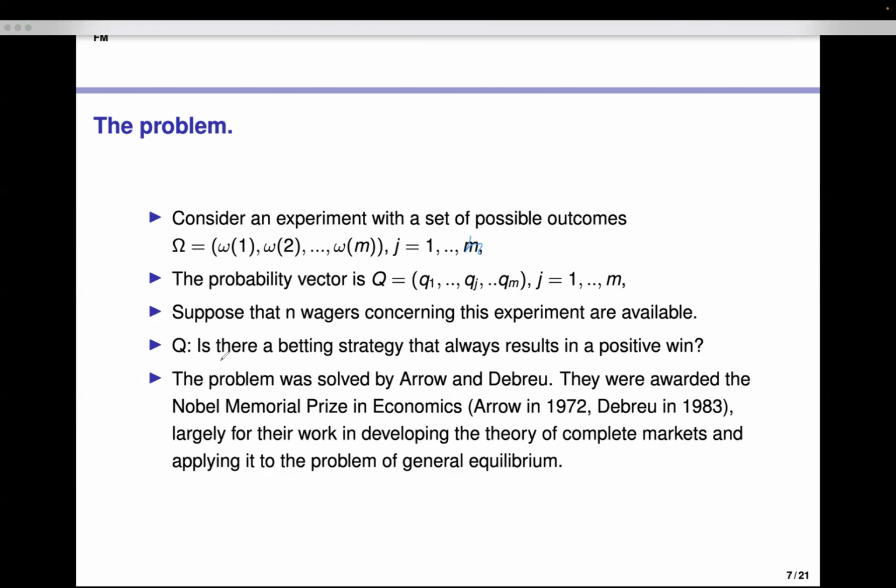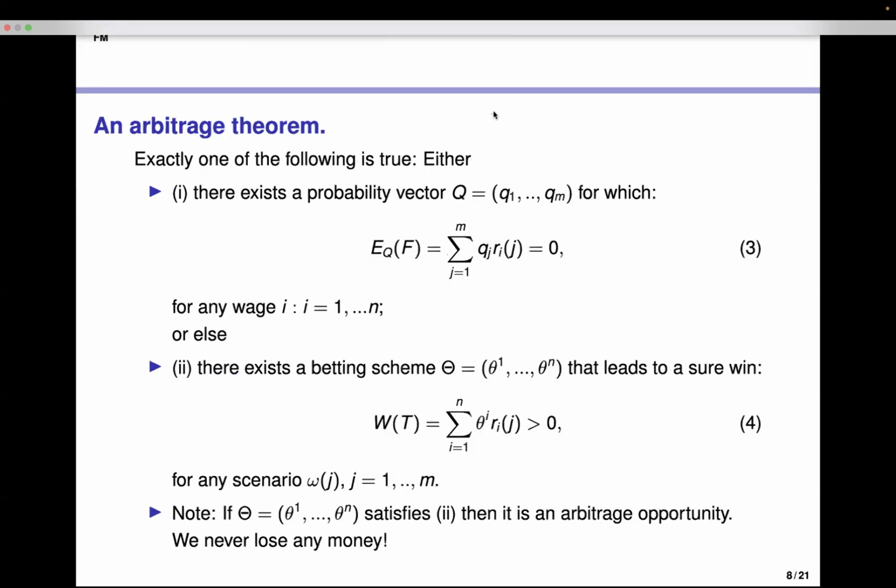Do you understand what the portfolio means, or a betting scheme?